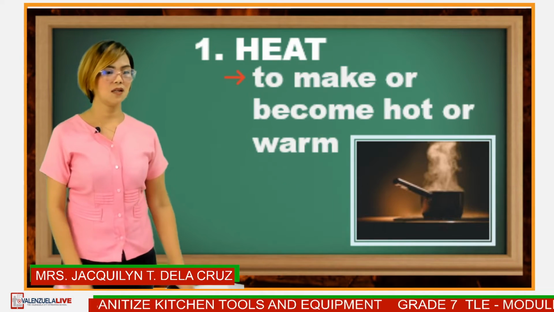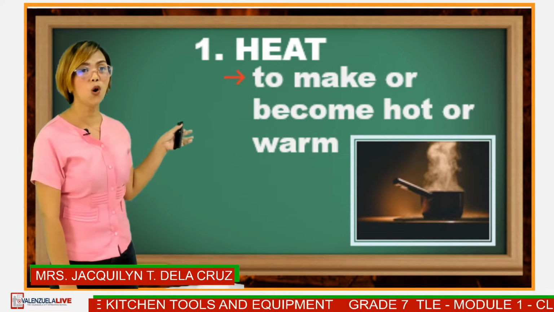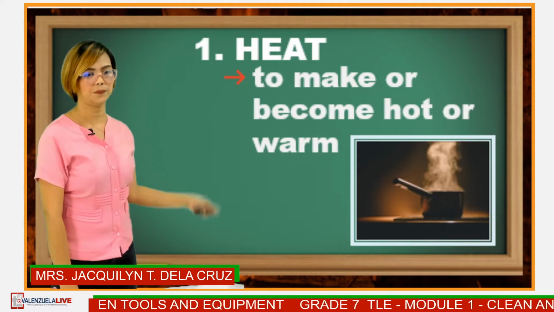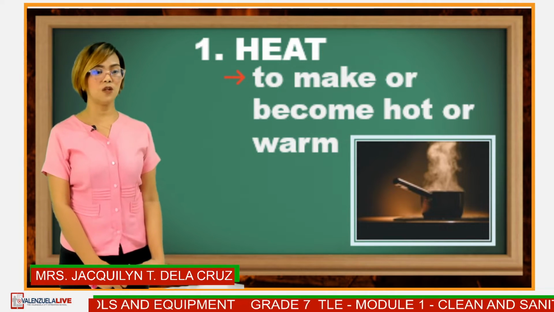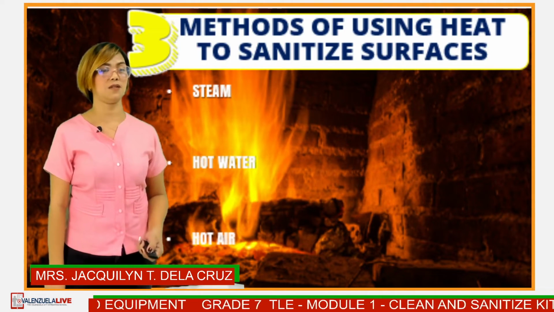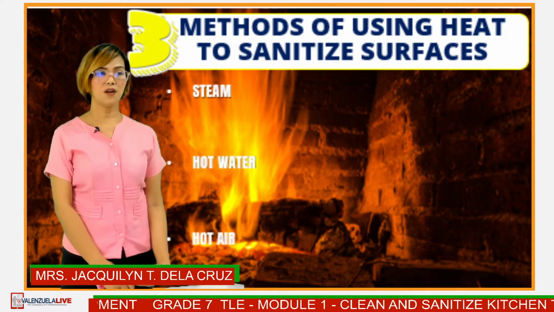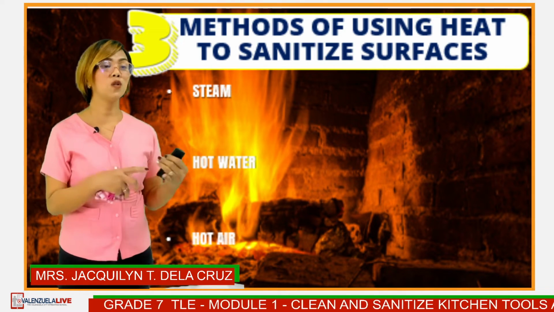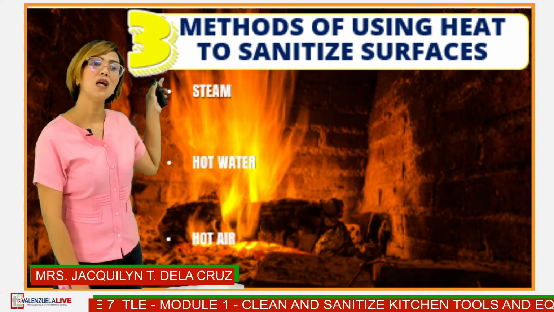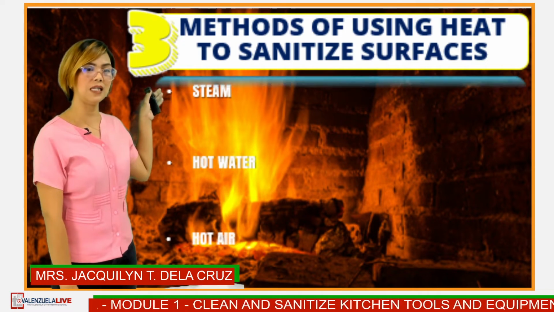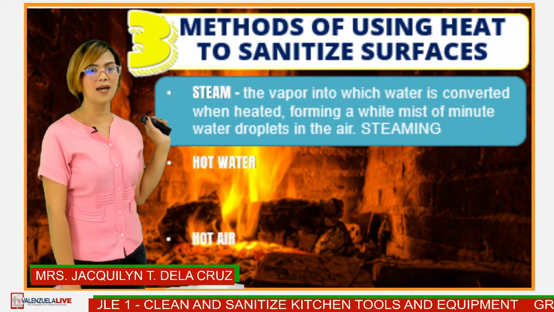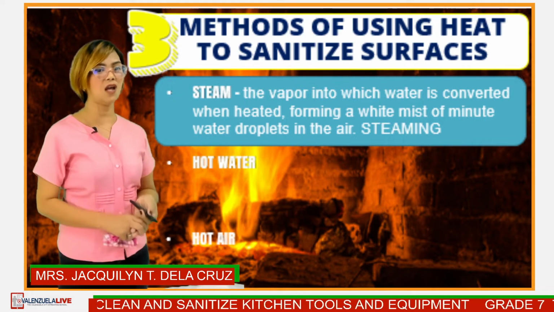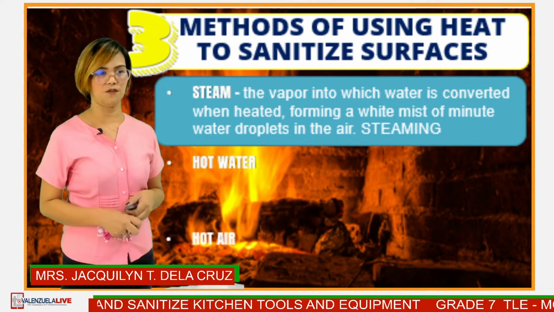Heat means to make or become hot or warm. There are 3 methods of using heat to sanitize surfaces. First is steam, the vapor into which water is converted when heated, forming a white mist of minute water droplets in the air, which sanitizes the surface.